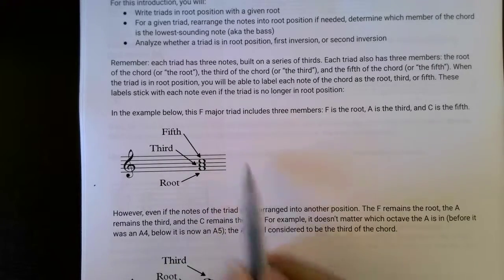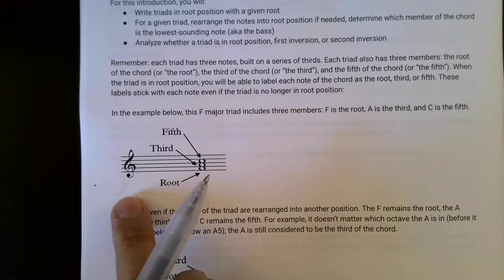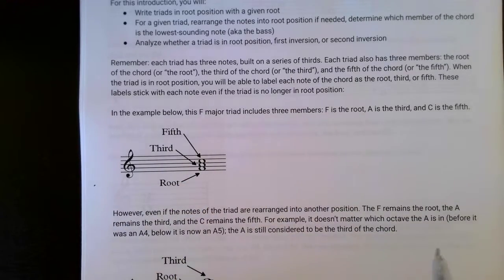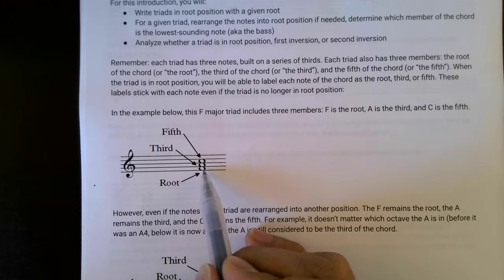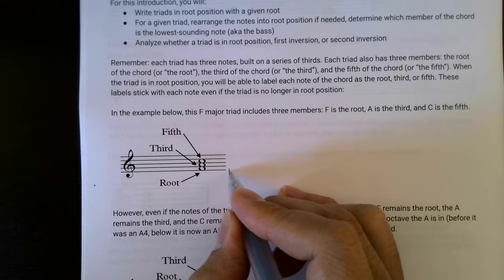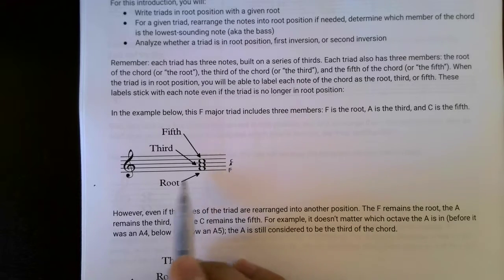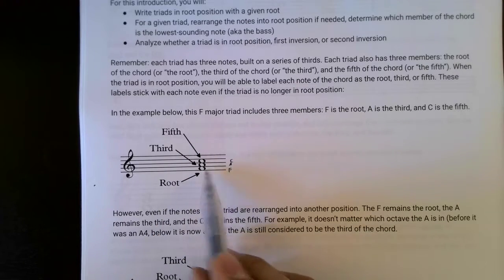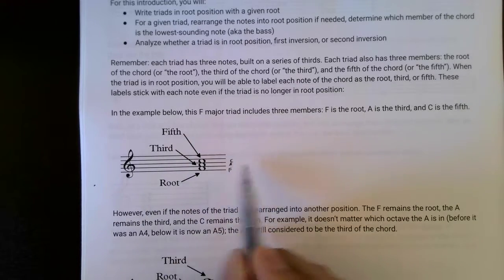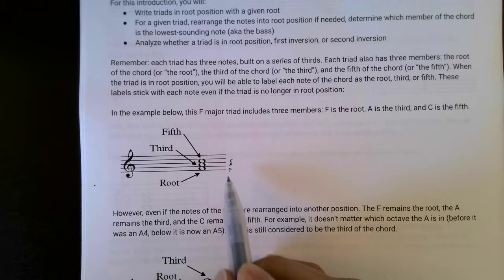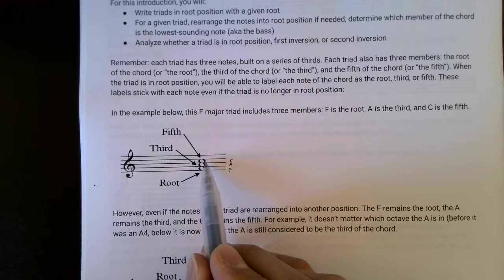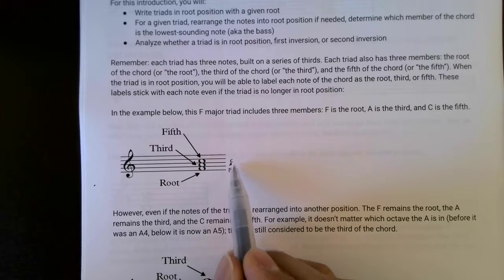Okay. Why is this important? Because when a chord is in this position, we can then label each note, F, A, and C, as the root, the third, and the fifth. The lowest one here is the root. The middle one is the third because it's a third above the root, and the top one is the fifth because it's a fifth above the root.